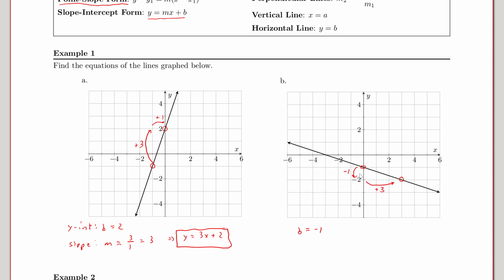Always move to the right. Go up or down with the y values, but always move to the right. That's the way we orient things here. So your slope will be -1/3, a fall of 1 unit for each 3 units you run to the right. And so your equation then would just be y equals -1/3 x minus 1.